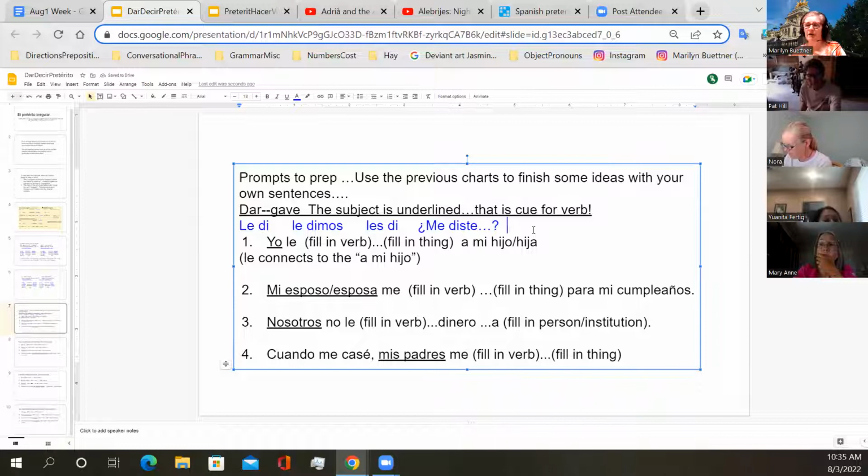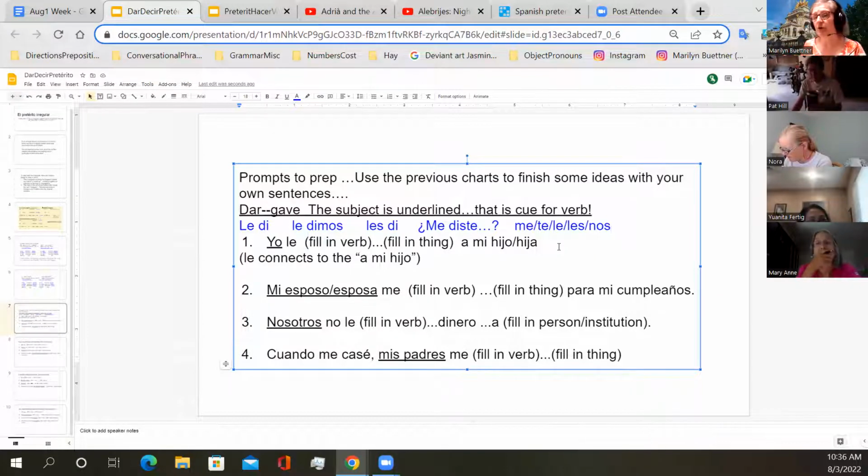Okay, dar is almost always going to pair up with what they call an indirect object pronoun. So you'll always have a me or a te or a le or a les or a nos paired up in front of that form of dar. Almost always, because it's very unnatural to them to not cue in, well, who gets that item? Who gets it?